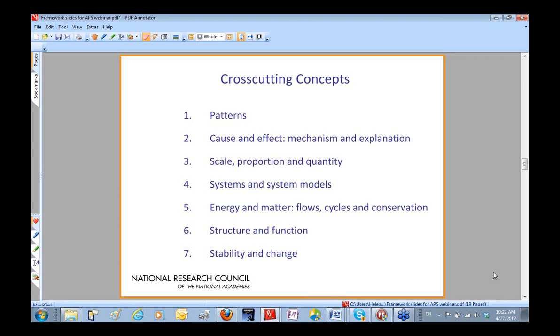What that means is students are asked to connect their ideas about energy that they learn in physics with ideas about energy in chemistry, in biology, in ecosystems, in earth systems.